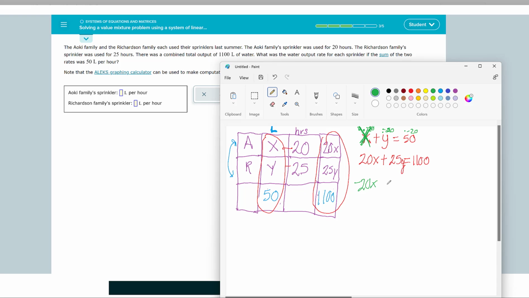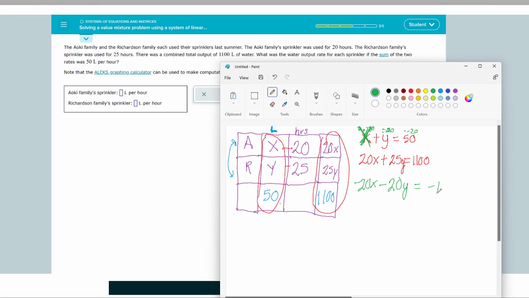Then you have positive Y times negative 20, which gives you minus 20Y. Equals, and then we have negative 20 times 50. 20 times 50 is 1,000, and it's negative 20, so it's going to be negative 1,000, because a negative times a positive is a what?